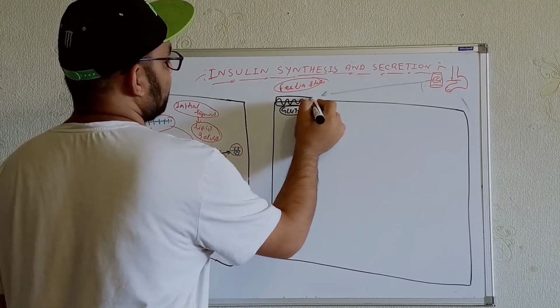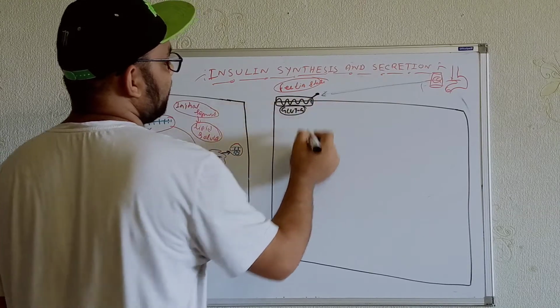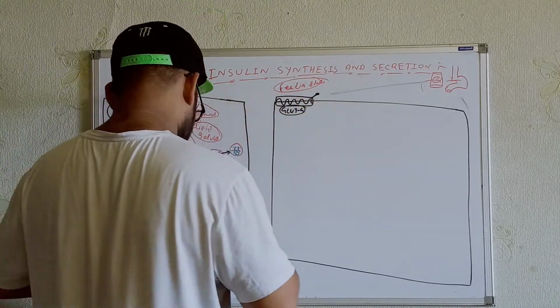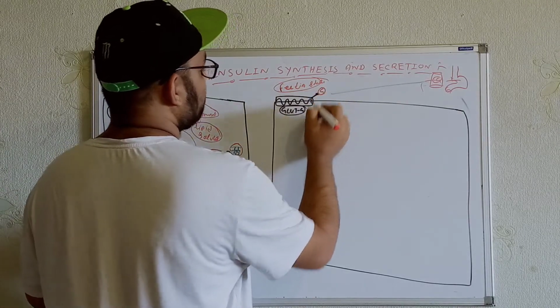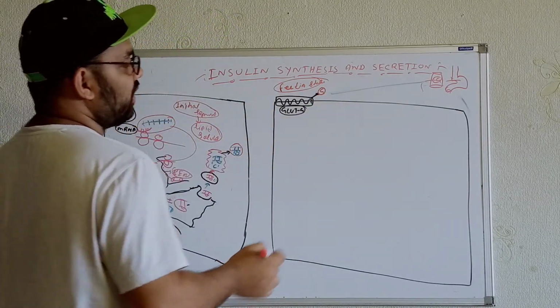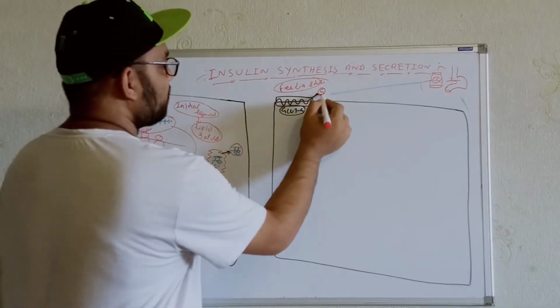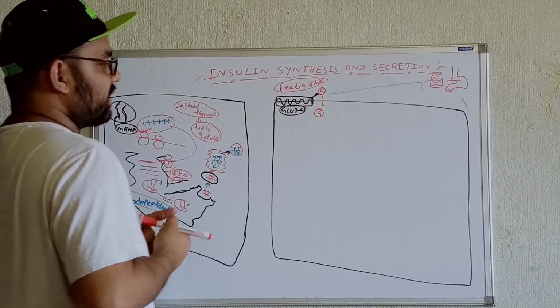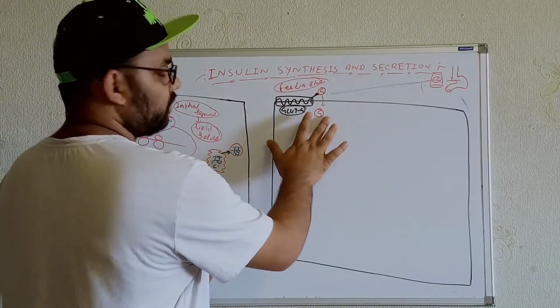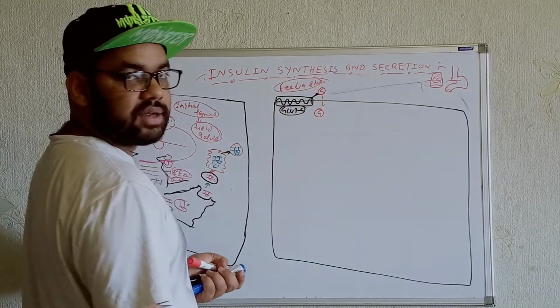What is the function of GLUT4? There is one portion of the receptor that is available for glucose. Whenever the glucose gets attached over here, this will flip in. That means the glucose molecule will be taken within the pancreatic beta cells.